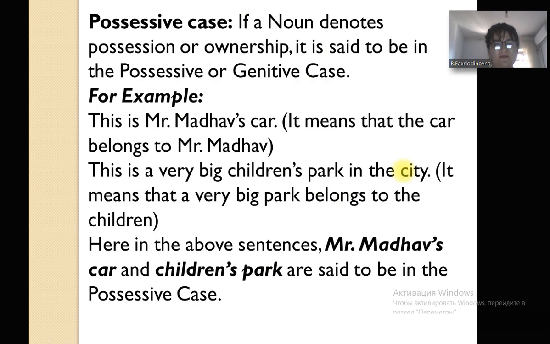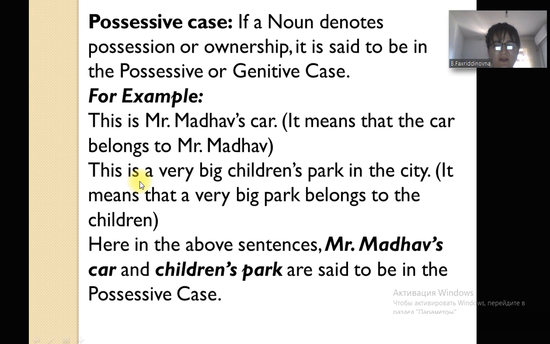Possessive case: if a noun denotes possession or ownership, it is said to be in the possessive or genitive case. For example, this is Mr. Metcalfe's car. It means that the car belongs to Mr. Metcalfe.